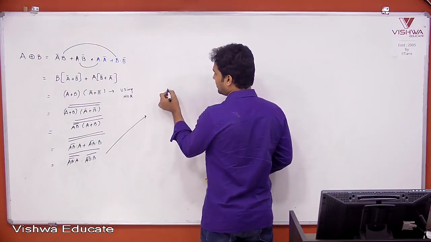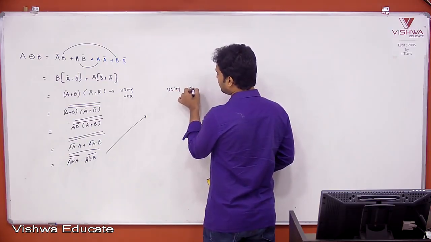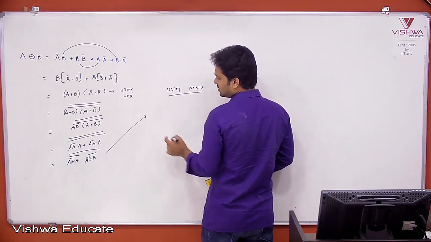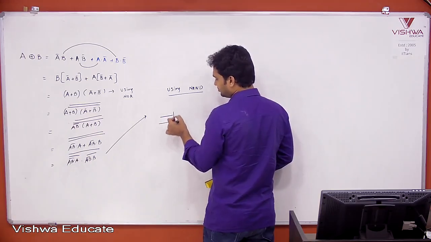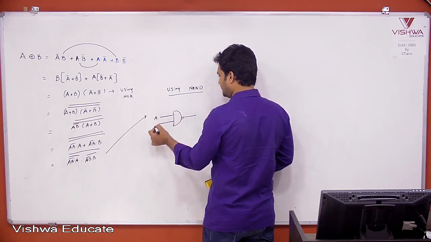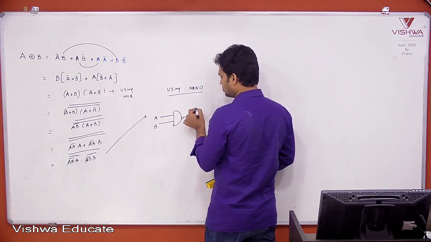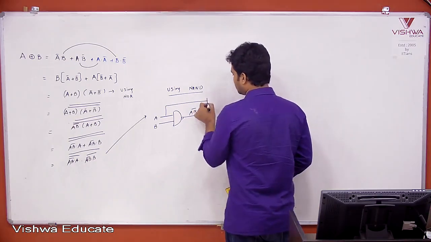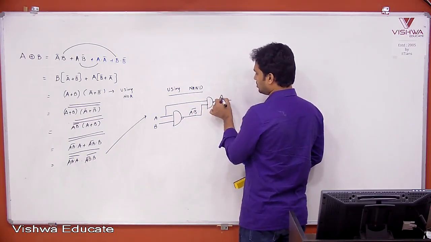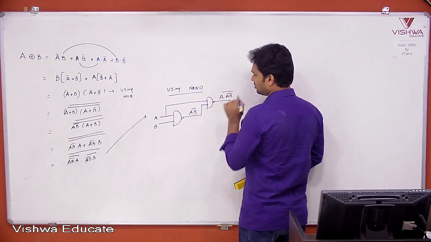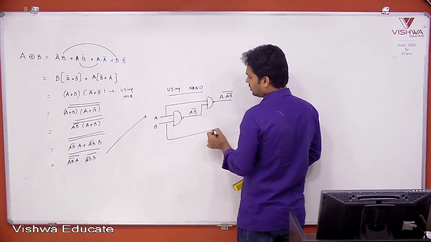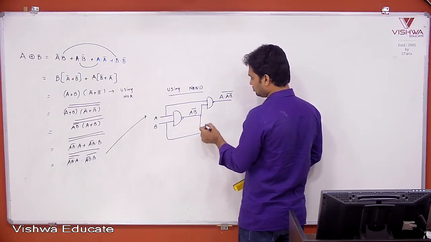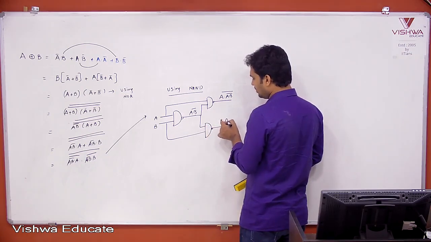First I am making it using NAND gates, then I will show you NOR also. What is this? AB bar into A into B whole bar into A whole bar. So A into AB bar whole bar, and this is B into AB bar whole bar.